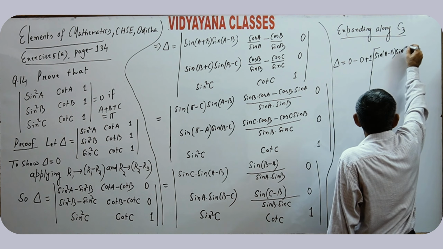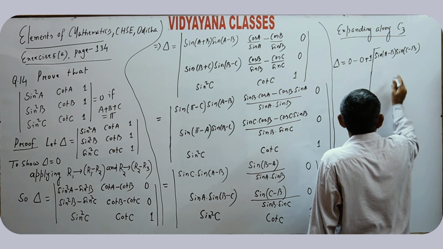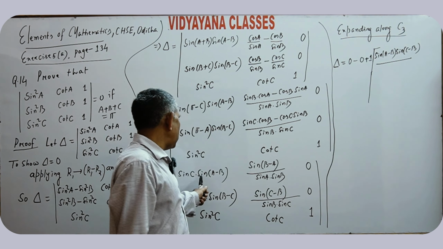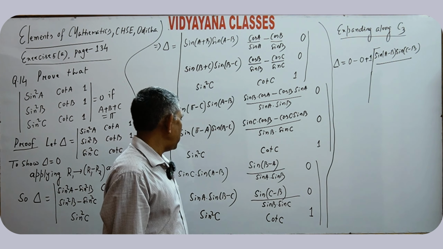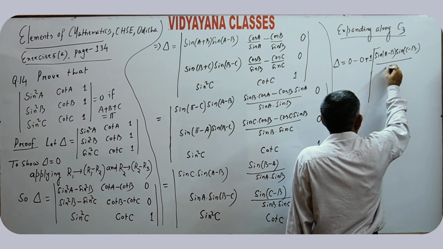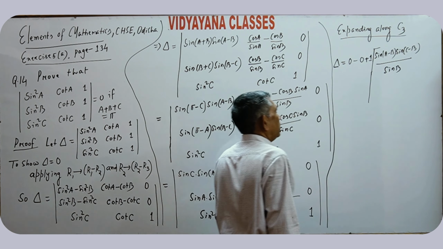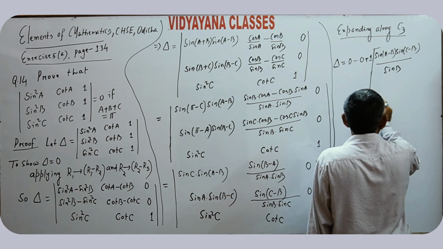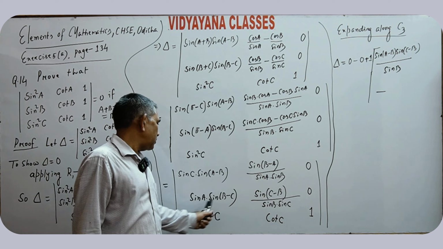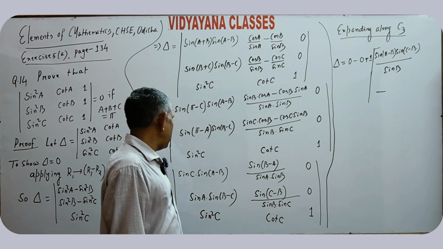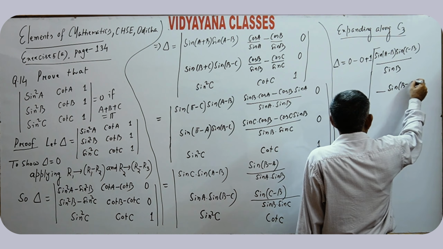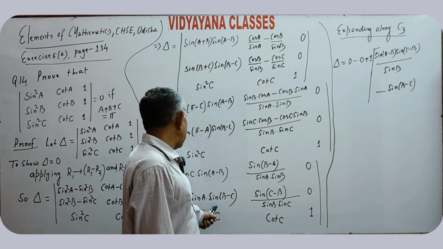Sin A minus B into sin C minus B, whole divided by sin B into sin C, sin C cancel, whole divided by sin B, minus this into this, sin A and sin A cancel, sin B minus C, sin B minus C.